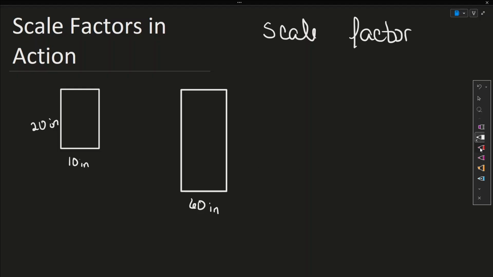First, we need to find our scale factor. How do I get from 10 to 60? I multiply by 6. So 6 is my scale factor. We need to apply that to the height as well. 20 times 6 is 120. So the actual sculpture will be 120 inches tall.